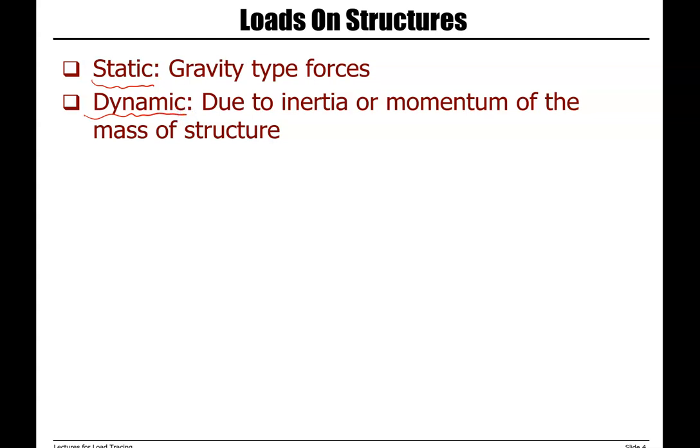Static loads are gravity type forces, weight of beam, weight of column, weight of rafter, weight of a structure basically. Dynamic loads are due to inertia or momentum of the mass of a structure.